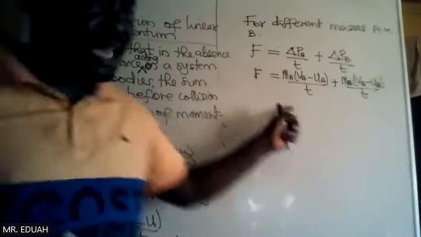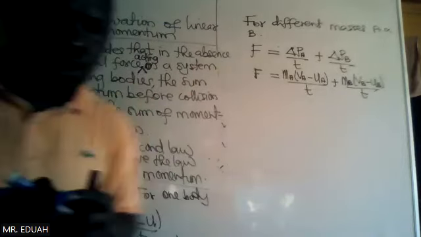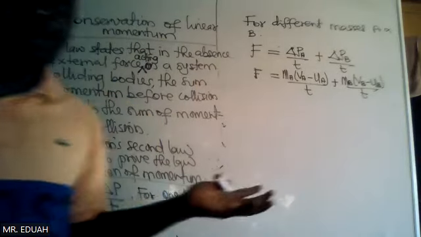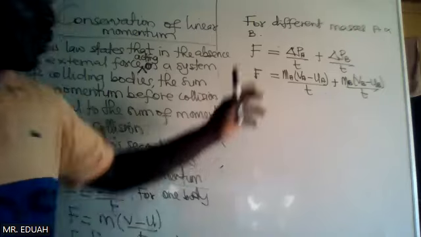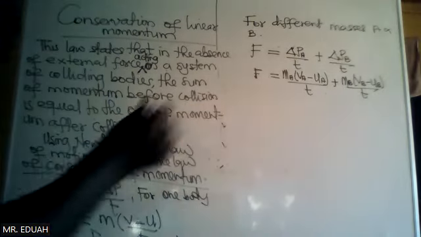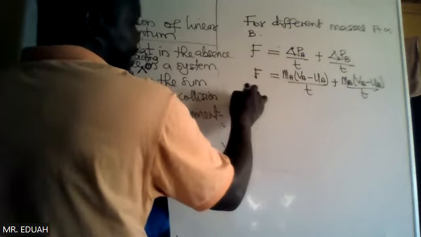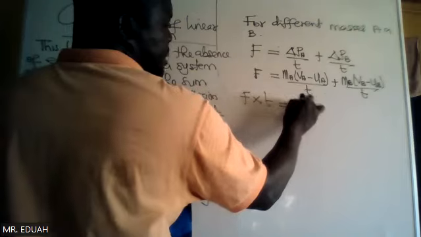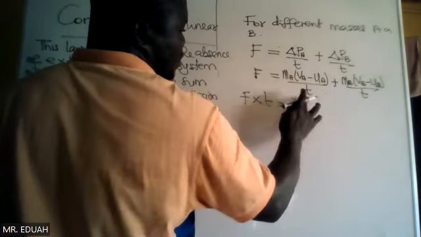The t for A, they are in a state of collision. They are colliding with each other. So the time of impact is the same. That is why t is the same for A, t is the same for B. So when we multiply through by t, we have F times t is equal to t times this. So the t's will cancel out.